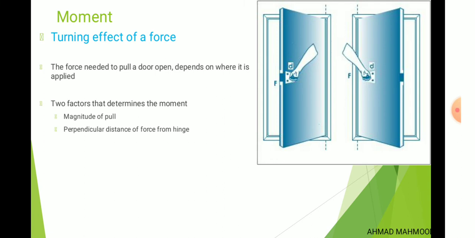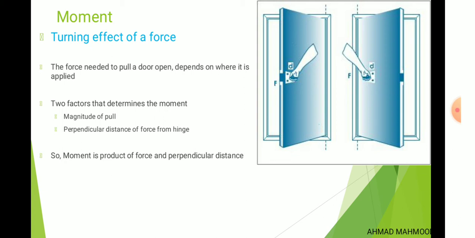The two factors: one is the magnitude of the pull, that is with how much force you are pulling the door. The second thing is the perpendicular distance from the force to the pivot. Again, repeat, this is a perpendicular distance, right, from the pivot to the point of application of force.